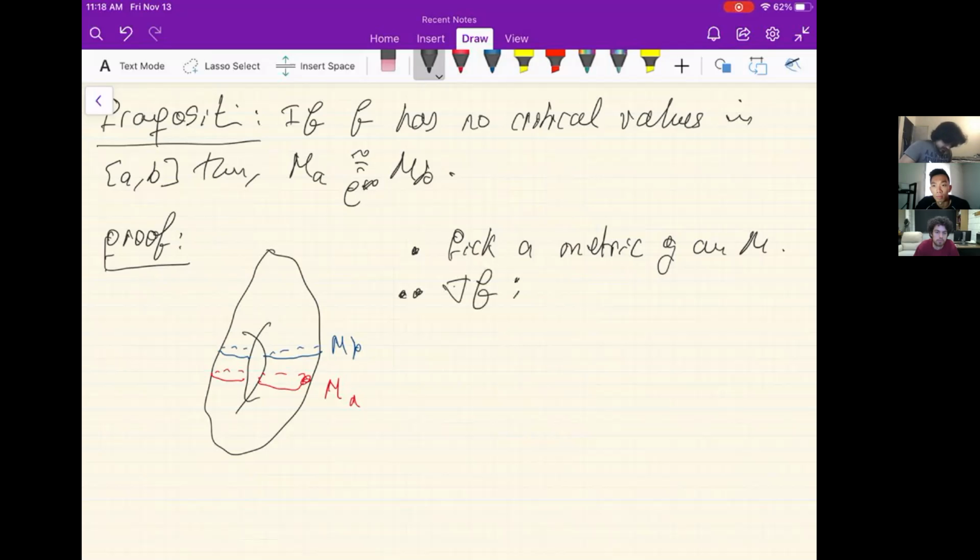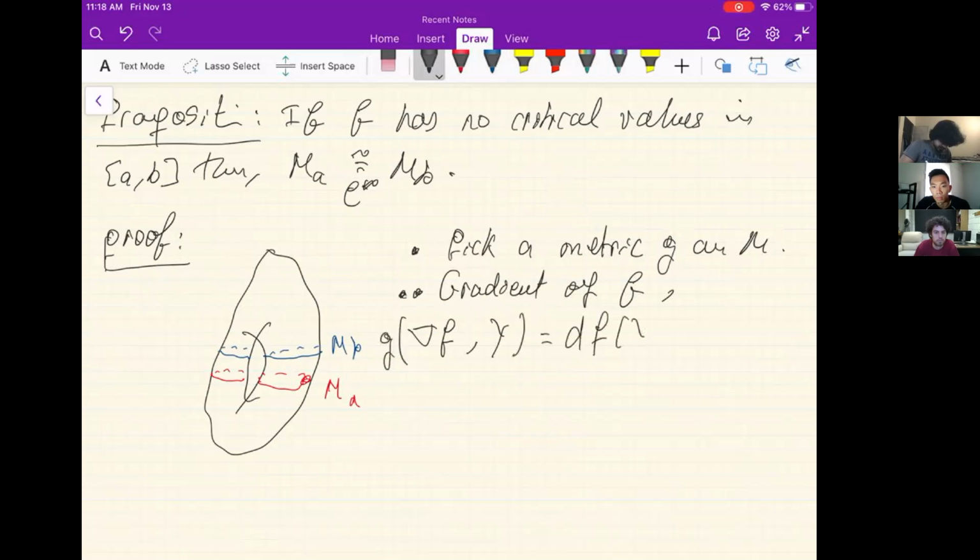By definition, that's basically the g-dual of the differential, grad f.